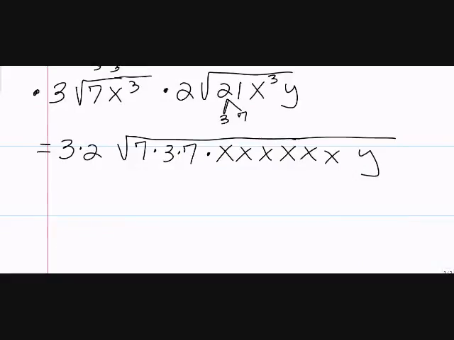Now let me start pulling out doubles. Pull out pairs. 7 times 7. So I've got 3 times 2 now times the 7. And let me pull out some other pairs. x. Another x.